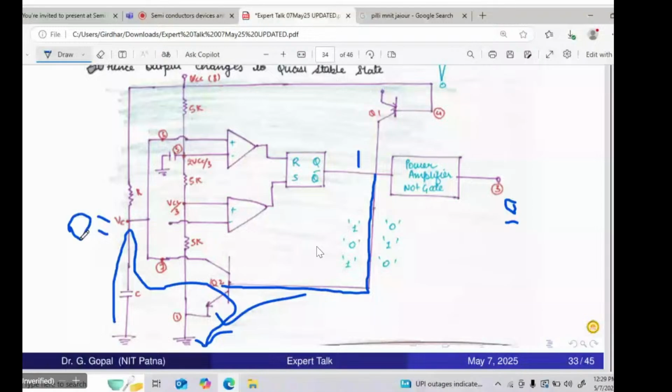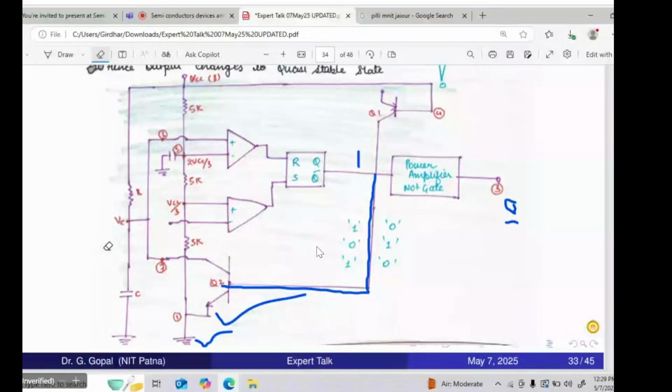Now you are applying a trigger. As we have already told, we are assuming the trigger as a negative spike. Whenever the negative spike is applied, here is where you have to apply the trigger. This is the second pin. At the second pin, you have to apply the negative spike.